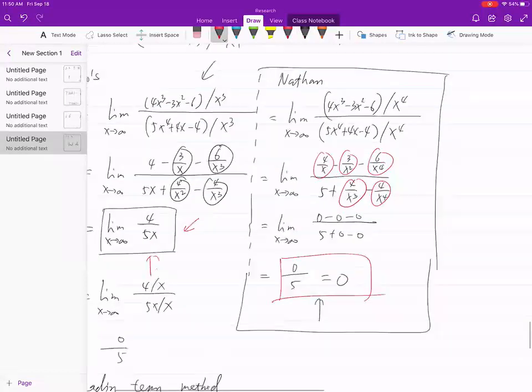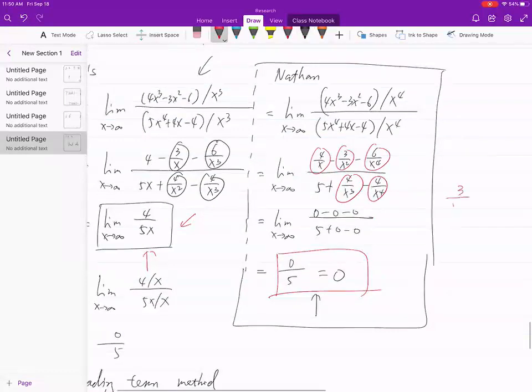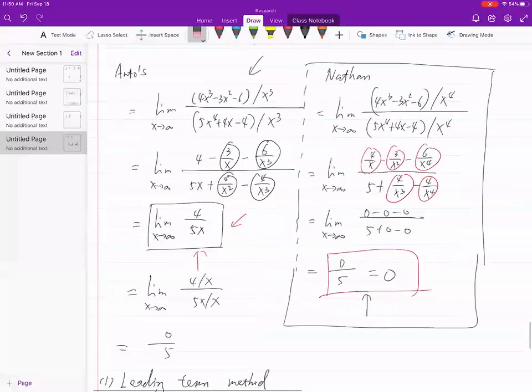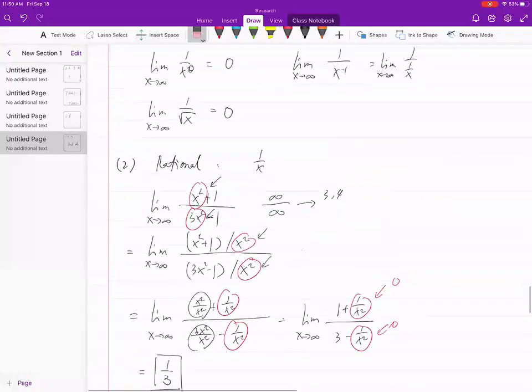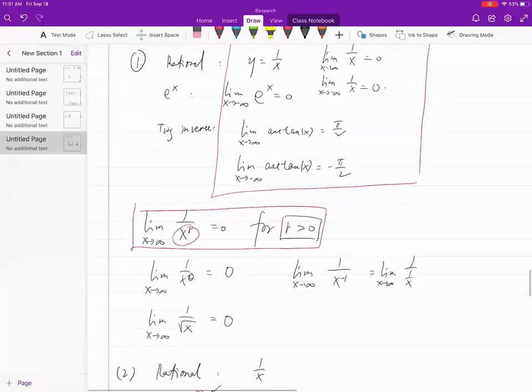And the reason is because any number divided by x to any power, as long as it's positive, goes to 0 because the bottom is basically infinity. You have a fixed number divided by infinity. That's the reason. And if you're looking for support, it's actually the thing we wrote in the red box here.